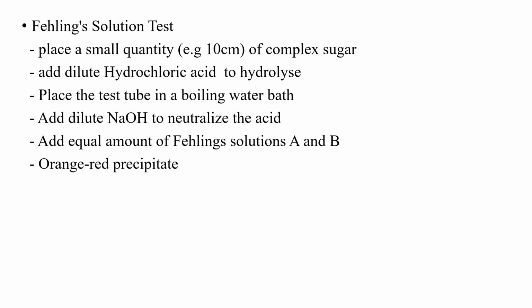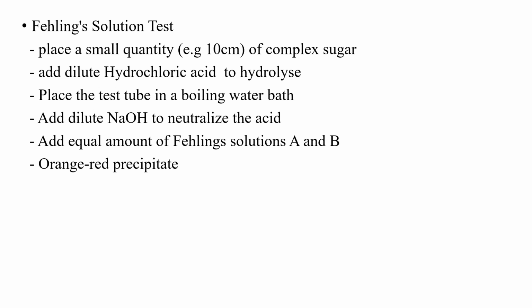We put water there, so while the water is boiling on the gas, you place the test tube in the water bath containing boiling water. Then you add dilute sodium hydroxide. The dilute sodium hydroxide is added to neutralize the acidic effect of the hydrochloric acid.